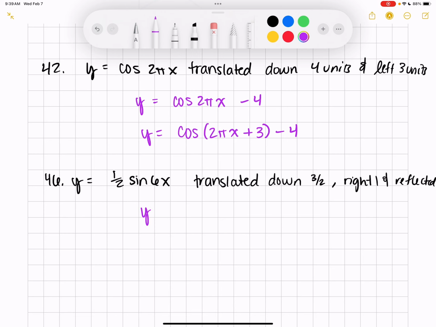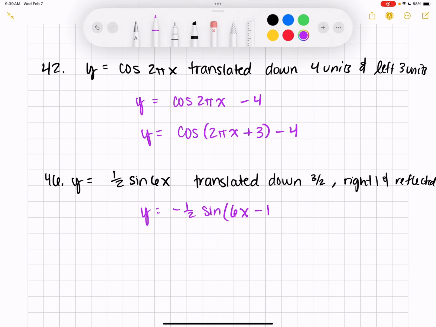So y equals negative 1/2 sine of 6 times parentheses x minus 1, minus 3/2. So, see, I don't care if you do it all as one, that's totally fine. I just did the other one so you saw the steps happening. Any questions about those?